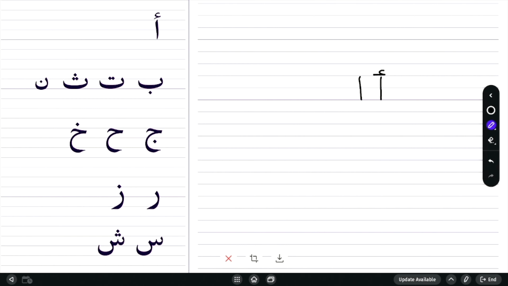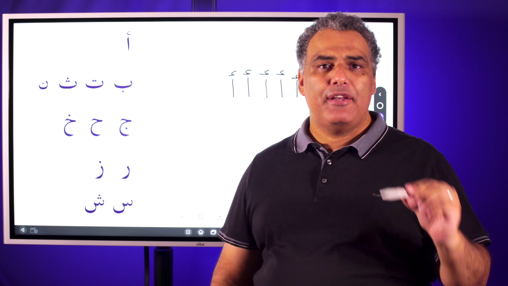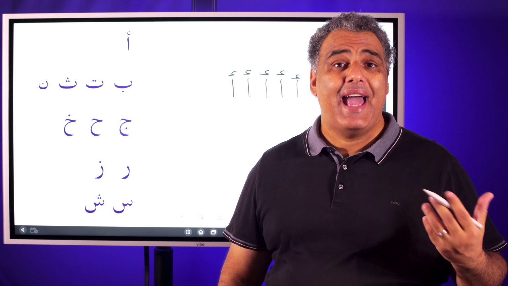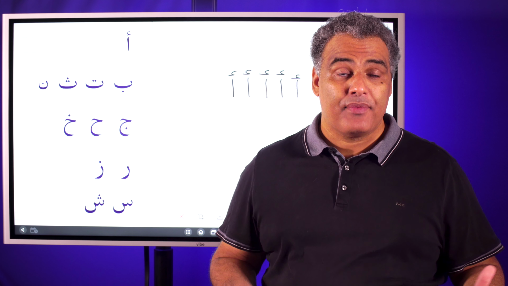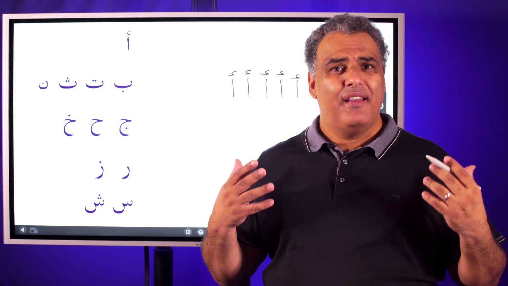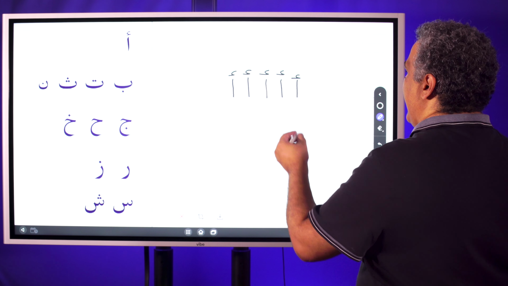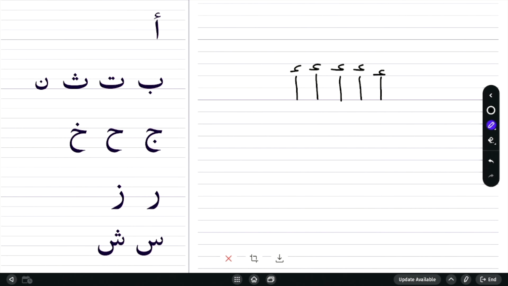If you go like this, for example, or this, or this, or this, it still will be read as an Alif. So you should not try to be millimeter precise when writing these letters, and you don't have to because they're recognizable. Letters in Arabic are a little bit distinguishable from one another, and therefore you don't have to worry about the minutiae of these letters.